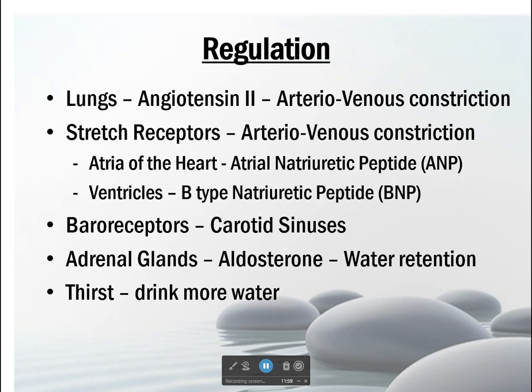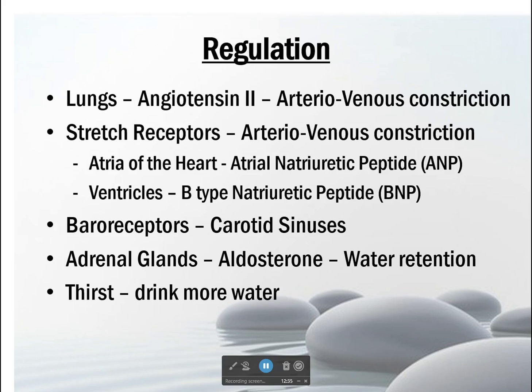Extra fluid is going to tend to be backed up into the atria because they're lower pressure chambers and their force of contraction is not as forceful as the ventricles. So the atria then stretch as a result of the extra fluid. That stretch then causes the secretion of atrial natriuretic peptide. This is a compensatory mechanism to try to affect the diameter of the vessels to accommodate this extra fluid.